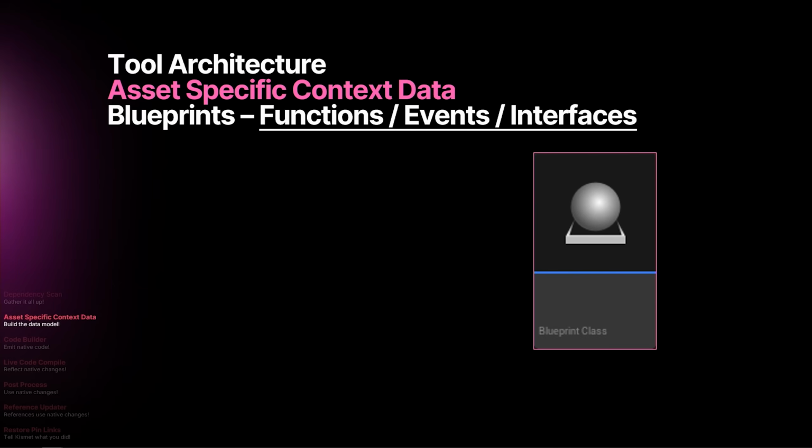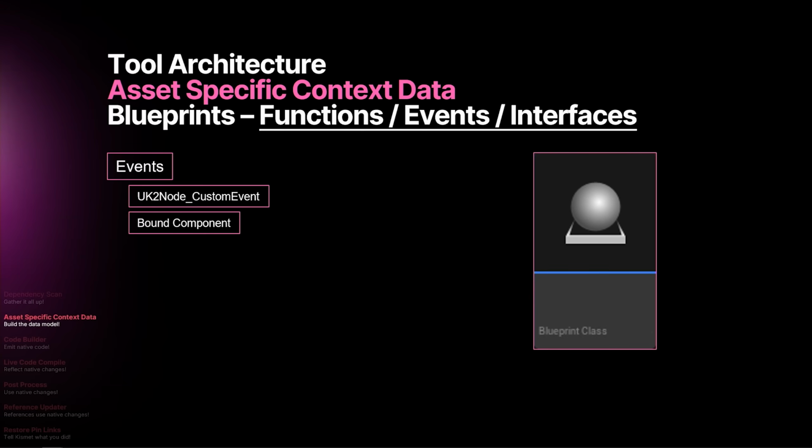For functions, the goal is that we basically just need to capture the function signatures. Custom events simply live on that node. Just go in there; it'll be the UFUNCTION that they generate. For component-bound events, you also need to store what components they belong to, obviously, for that mapping in the constructor.